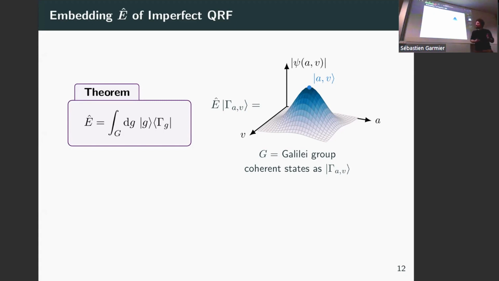If the imperfect frame had been perfect already, then this Gaussian would just be one peak at the middle position, one delta peak actually. So now the imperfection of the frame shows us this spread.